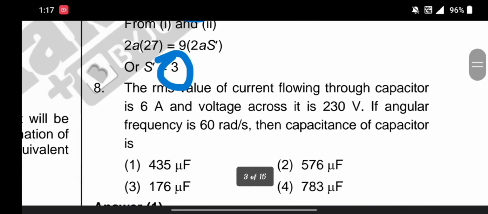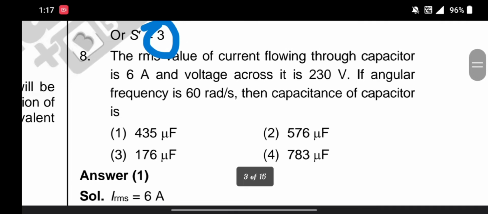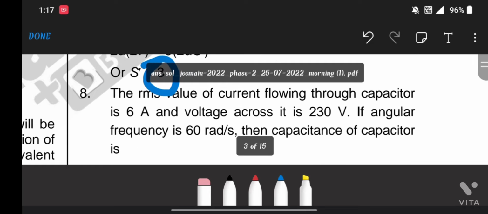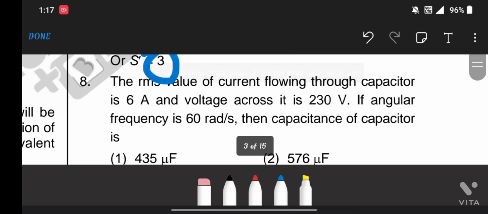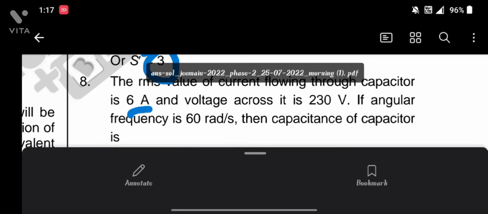And the voltage across it is 230 volt. This also you should remember. Its angular frequency is also given, that is 60 radian. Then what is the capacitance of the capacitor? That is what they have asked.